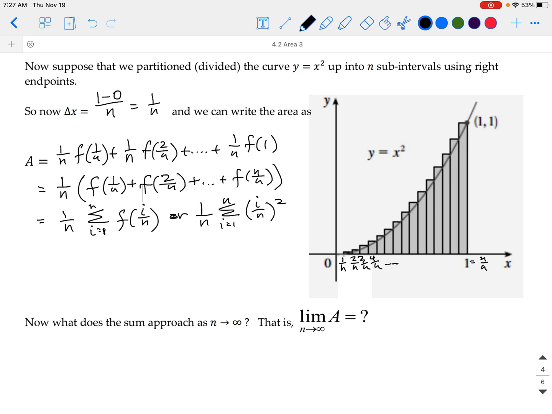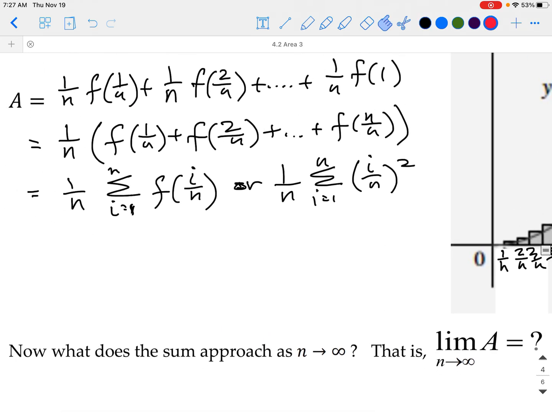But we've seen this before, right? We've evaluated this before. It just doesn't look like it. So if we take this expression, let's note that we can multiply the 1 over n inside if we wanted to.